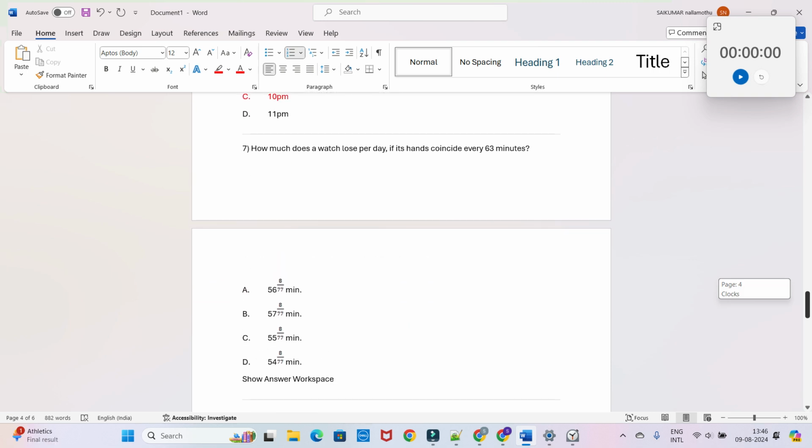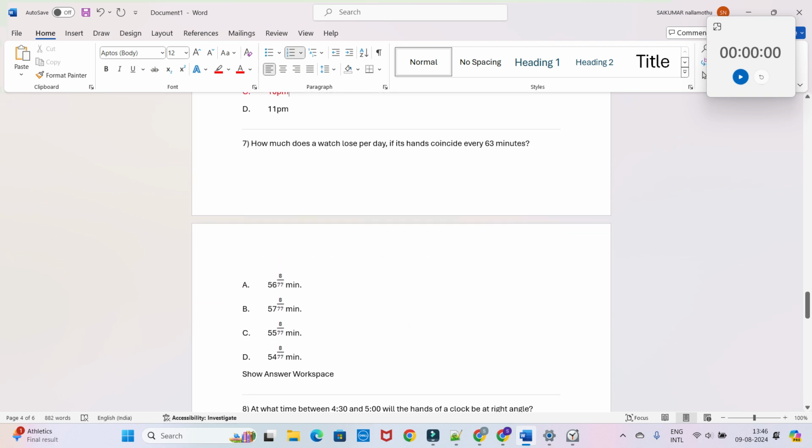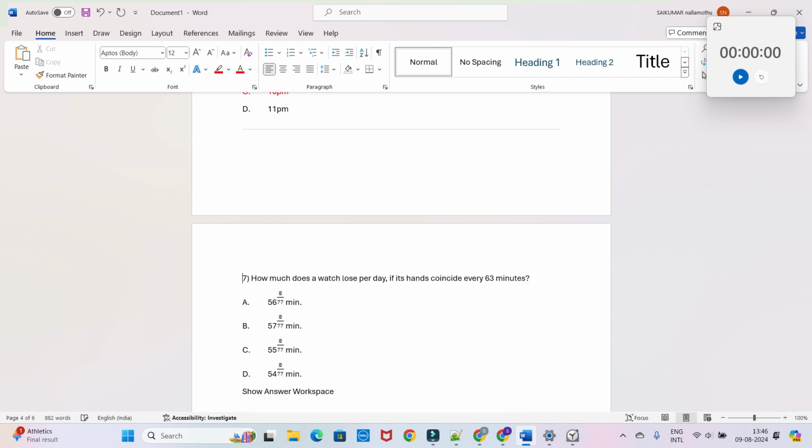I mean, all that procedure to solve. Now, what is this question? How much does a watch lose per day if it coincides every 63 minutes? Your time starts. I'm going to give 1 minute to solve this question. Please solve it.